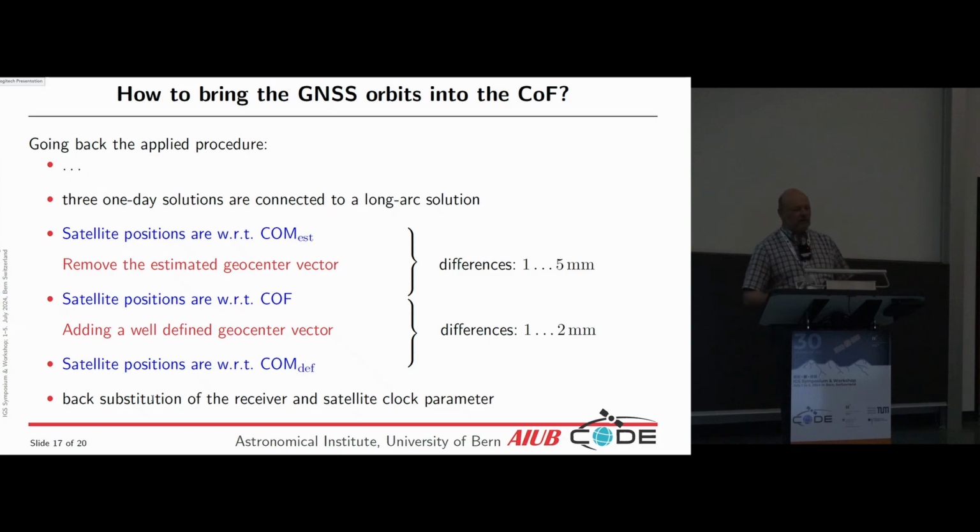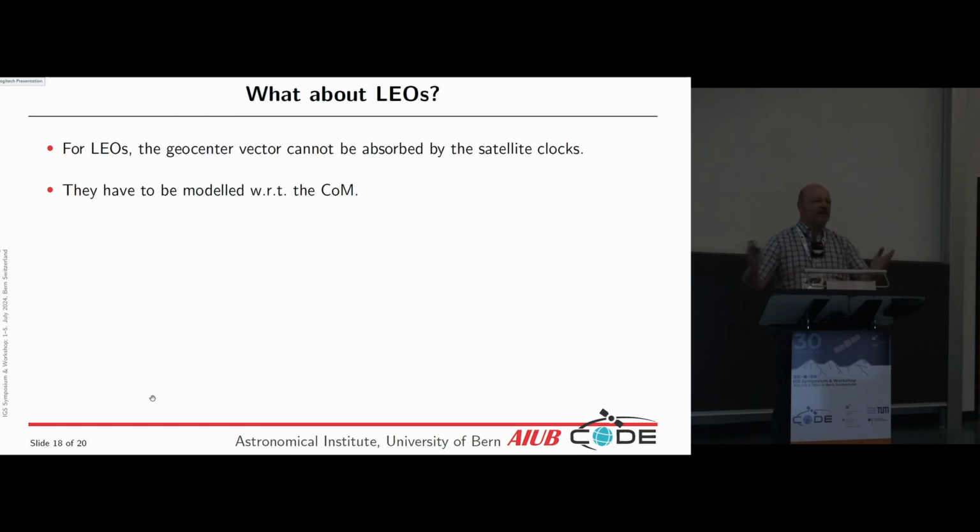So if we look now only at the differences of the orbits just from the orbit integration, then we have differences between 1 and 5 millimeters in the first step, and 1 to 2 millimeters in the second step. Of course, the variations depend on the beta angle of the corresponding satellite.